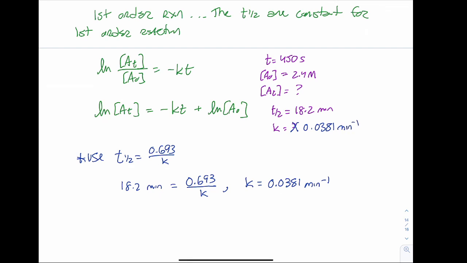I now, though, do need to look at my units on time. My units on time up here are in terms of seconds. My rate constant is per minute. We do need to make sure that those have the same unit for time. So I'm going to divide 450 by 60 to get 7.5 minutes.